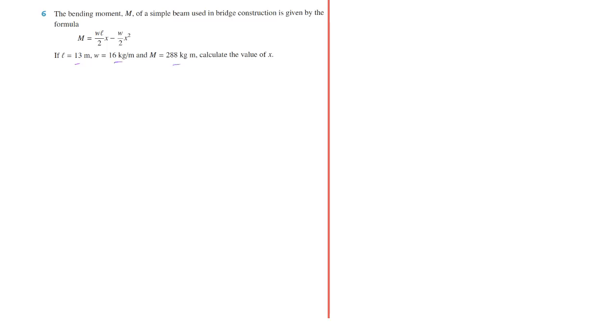So instead of being all upset about it or go, oh, I can't do that, just put in the values and see what happens. 288 is M equals W, which is 16, times L, which is 13, over 2 times X, minus W, which is 16, on 2 X squared.